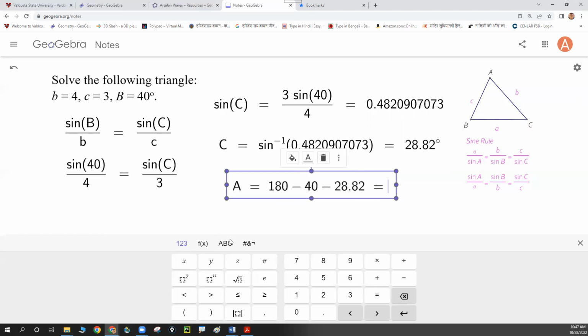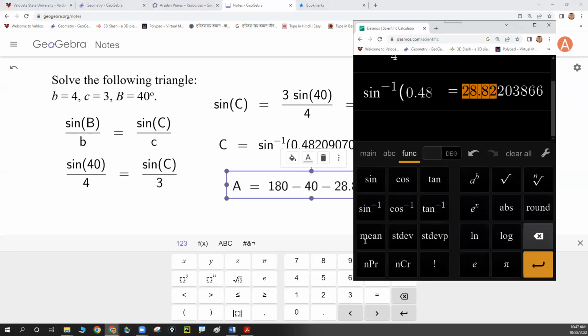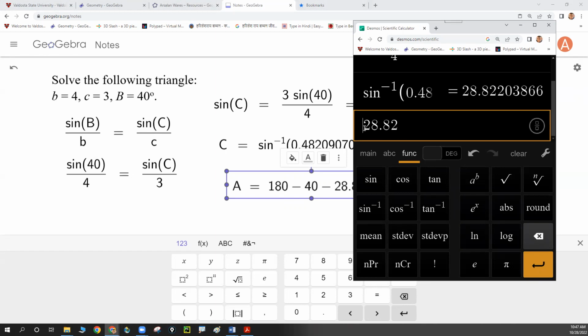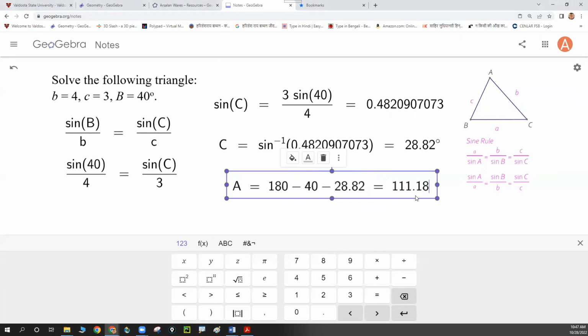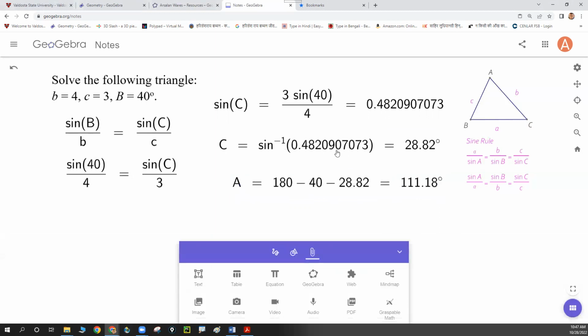Let's use our calculator to determine that. 180 minus 40 minus 28.82, I'm getting 11.18, something like that. Good enough for me. And that turns out to be angle A, 11.18.